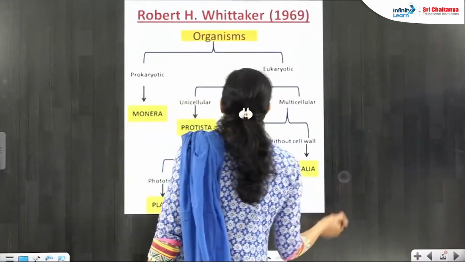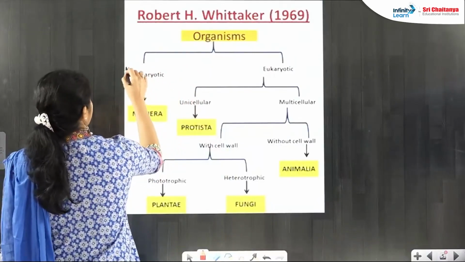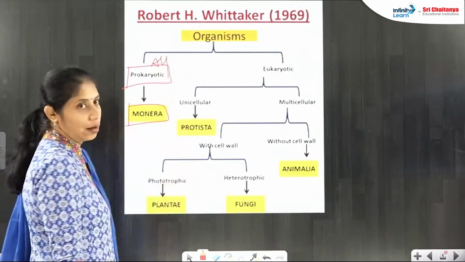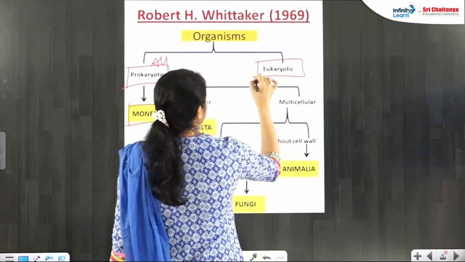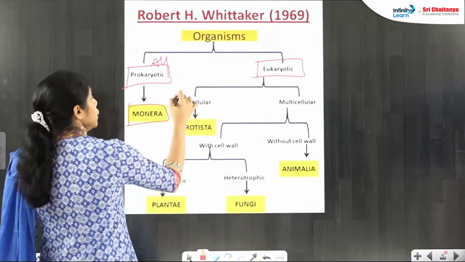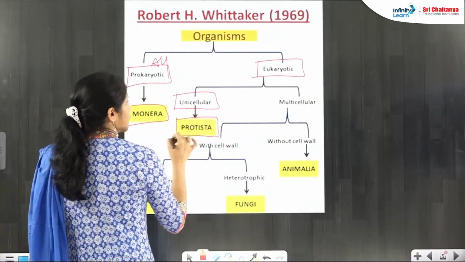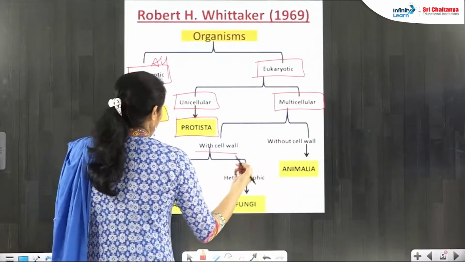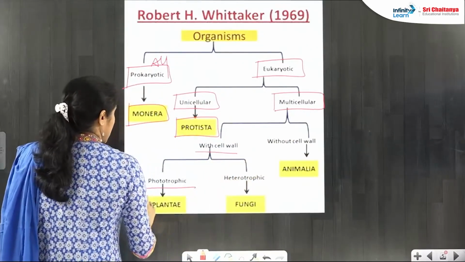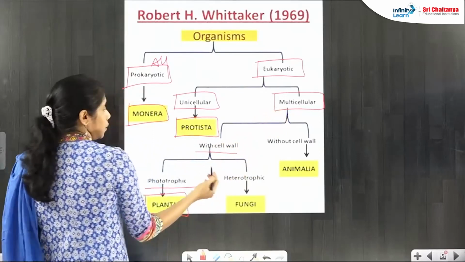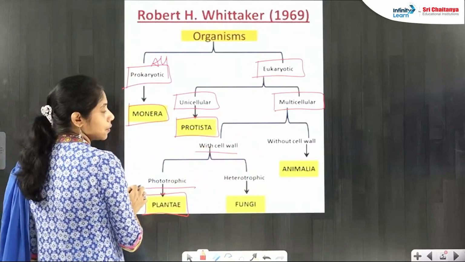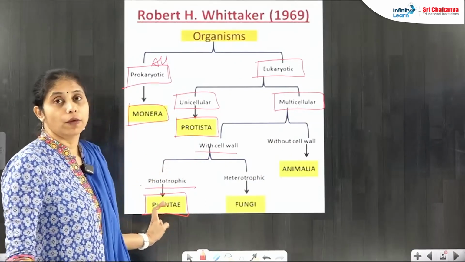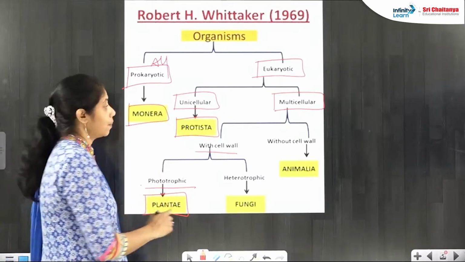In this, organisms are classified into prokaryotes. All prokaryotes belong to Monera. Then among eukaryotes, unicellular eukaryotes were placed under Protista, whereas multicellular ones with a cell wall that are phototrophs, which can perform photosynthesis, were placed under Plantae.